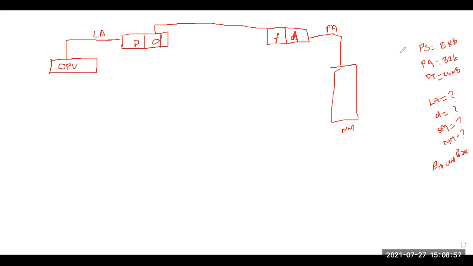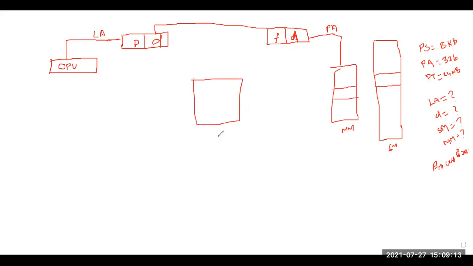And there is a secondary memory, which consists of different pages, while the main memory consists of different frames. In between them, I have a data structure called the page table.